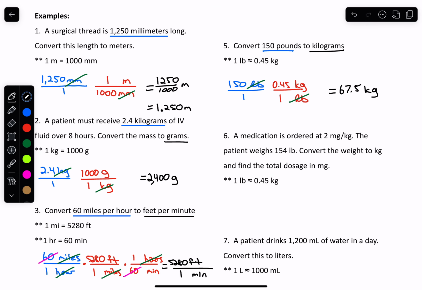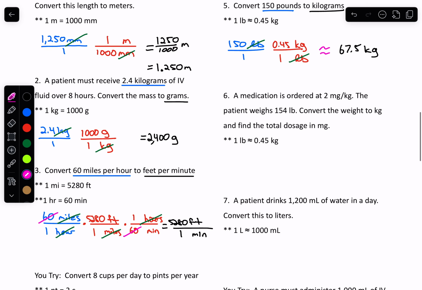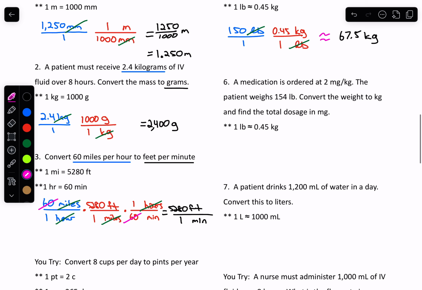So 67.5. And again, because we had an approximation here, I need to change my symbol to be approximately 67.5 kilograms.